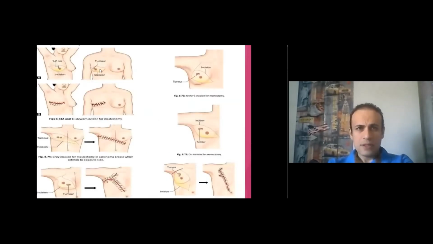Here, for example, we see the elliptical incision. Here is the nipple, the areola, here the tumor, and we remove it by exposing the area medially and laterally. This is the most commonly used Stewart incision.